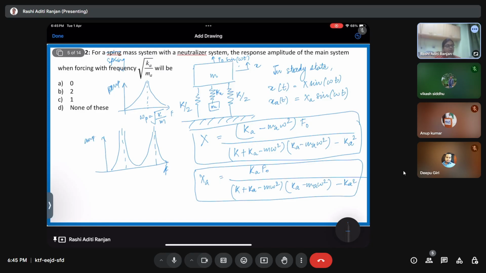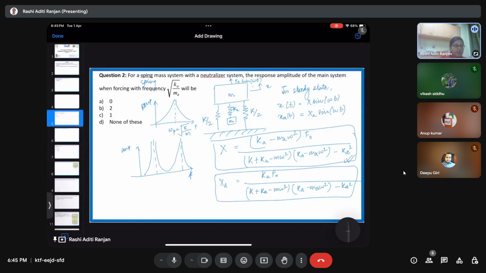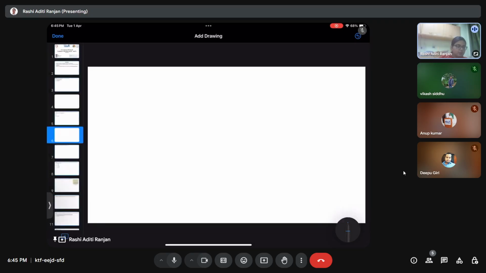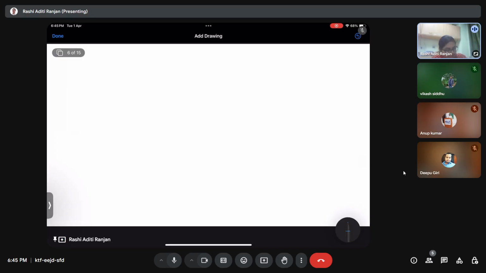So what am I going to do? I'm going to use this particular equation. However, you can see it from here also what is going to be the answer, but let us just write the other form, which is in terms of omega. You're going to have X k by f naught equal to 1 minus omega square by omega a square, divided by 1 plus mu, omega a by omega p square.